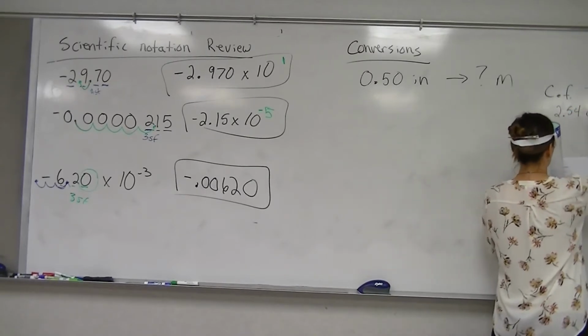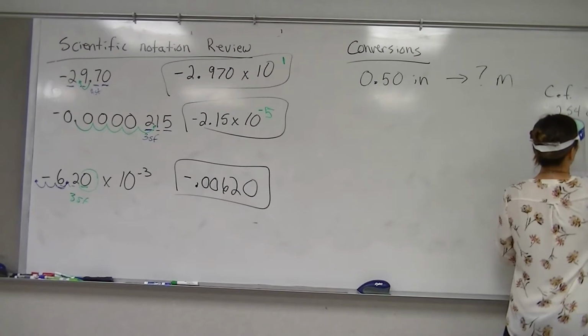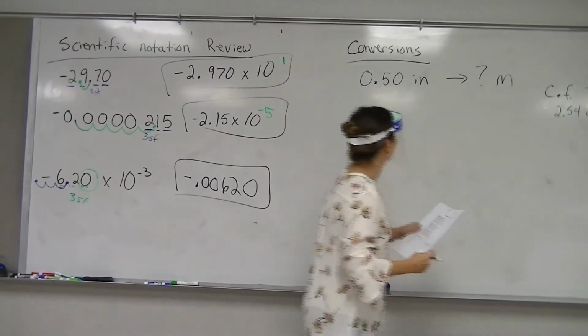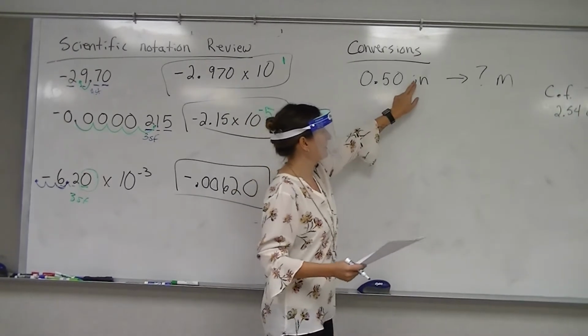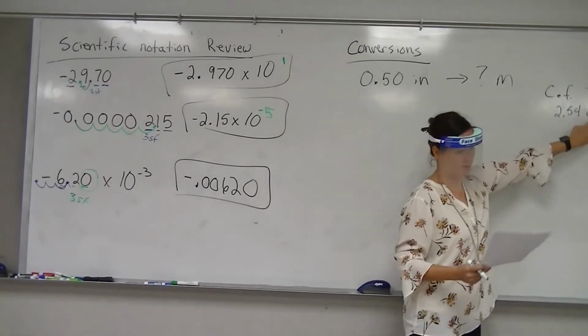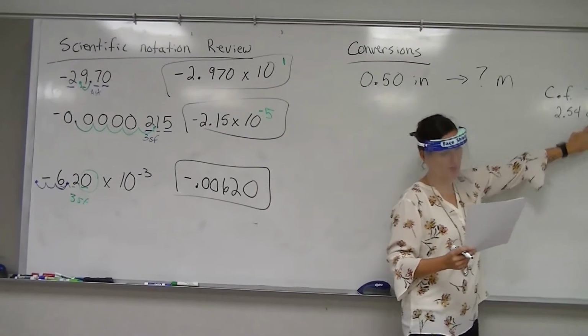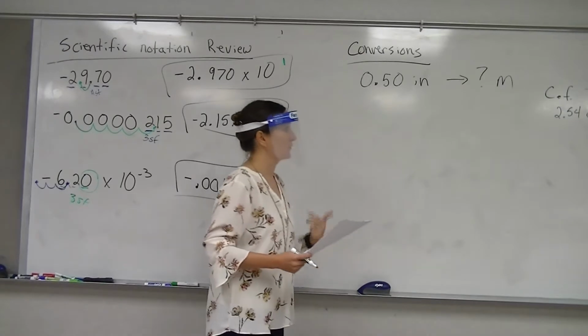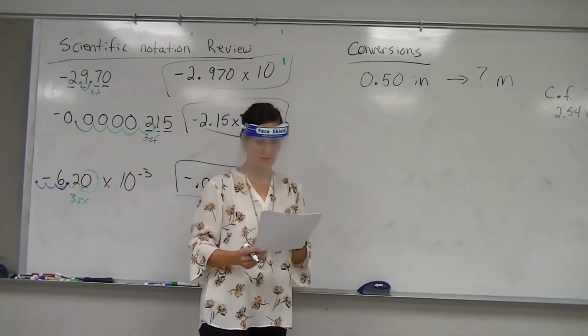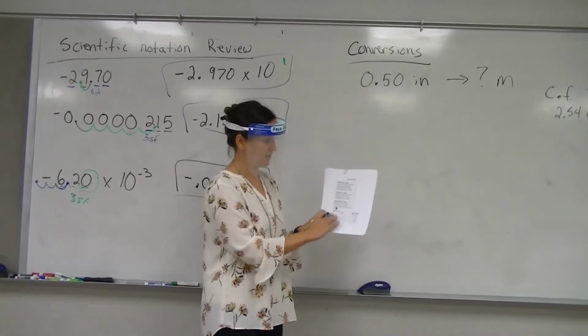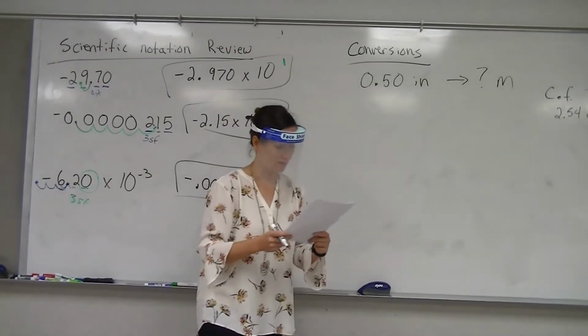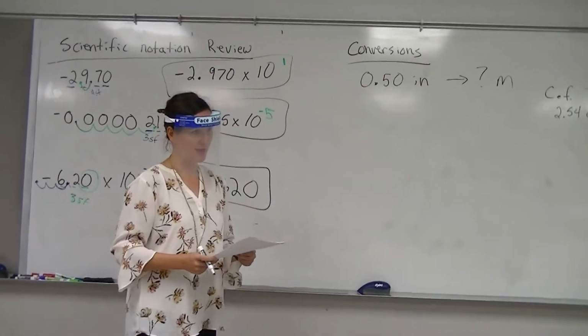2.54 centimeters is equal to 1 inch, correct? What that would do is get me from inches to centimeters. From there, I can go from centimeters to meters, and that's going to be that metric to metric table at the bottom. So how do I figure out that conversion factor?